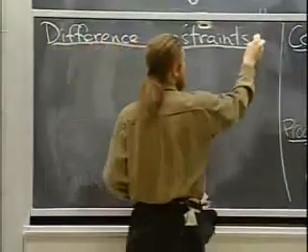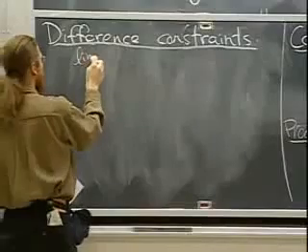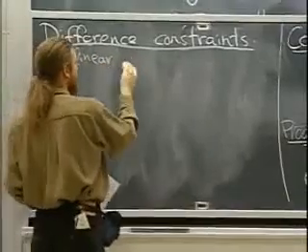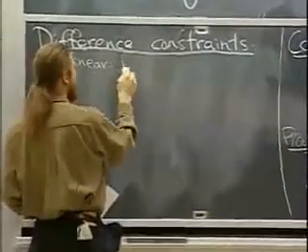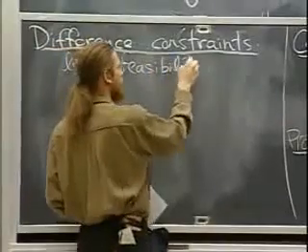And if all this seemed a bit abstract so far, we'll now ground ourselves a little bit. So a system of difference constraints is a linear feasibility problem. So it's an LP where there's no objective.